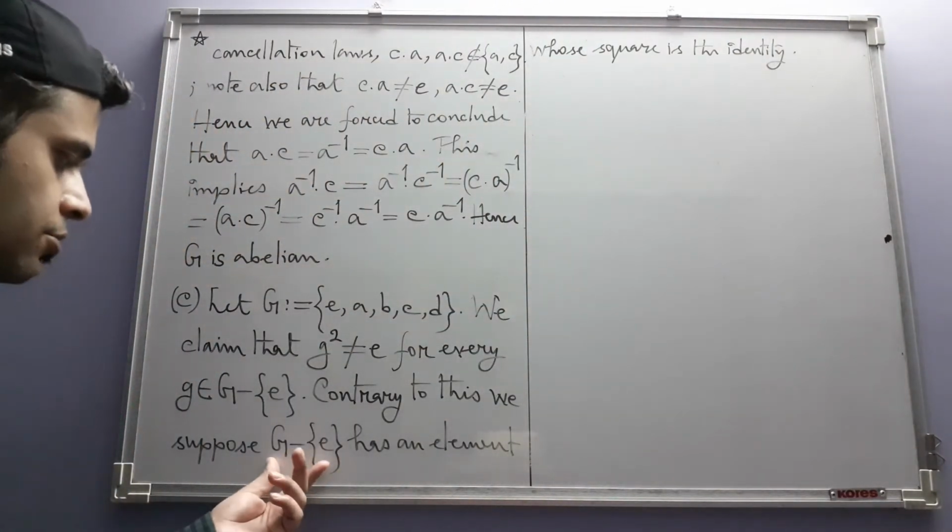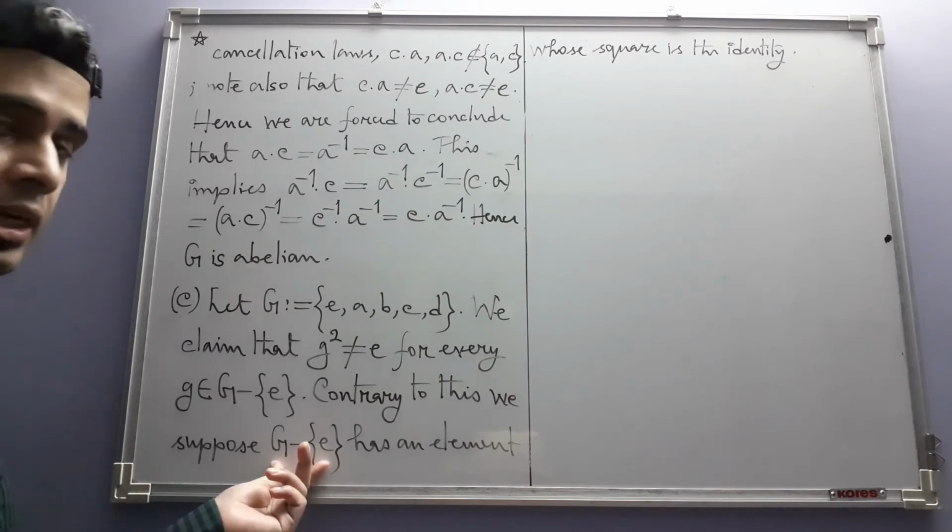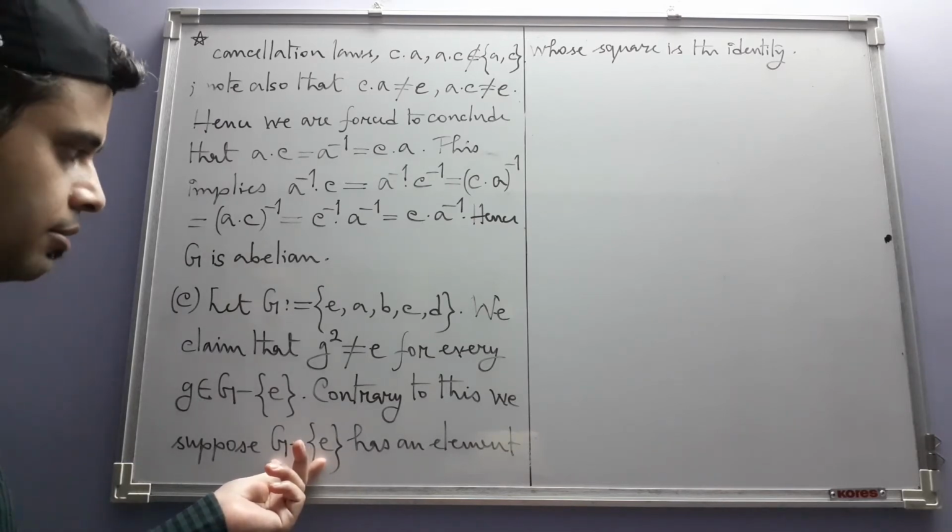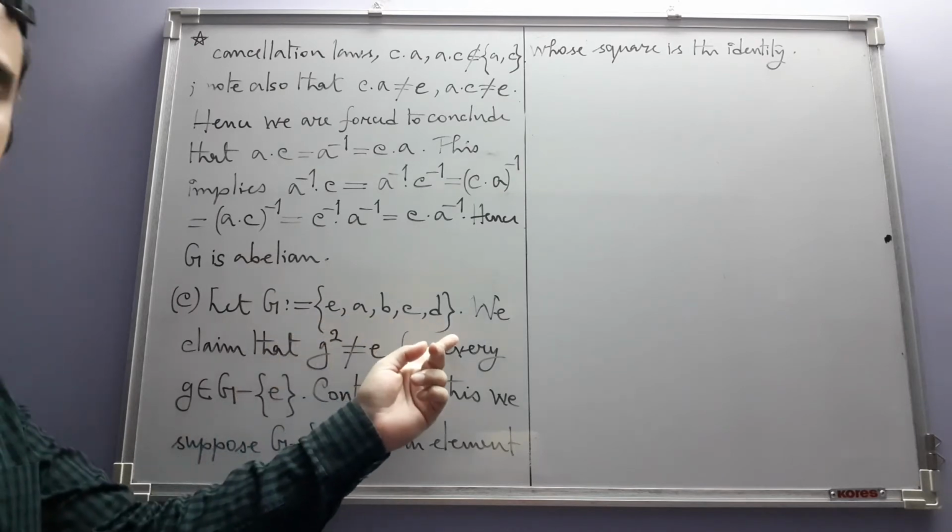Okay, so since we will be taking that element from G minus E, that can be taken to be any of these 4 elements.